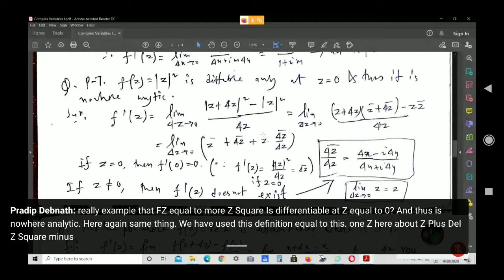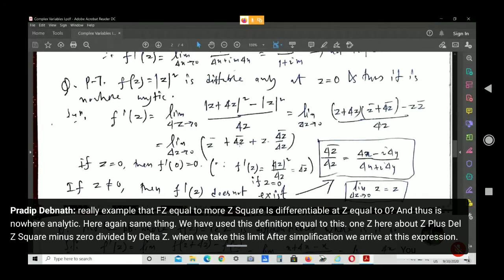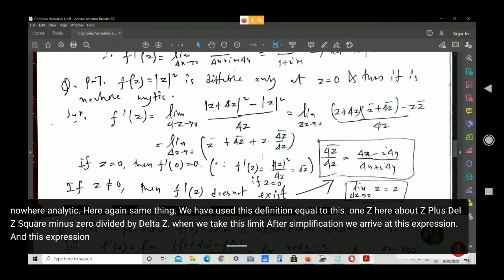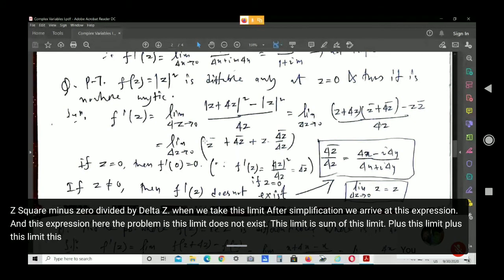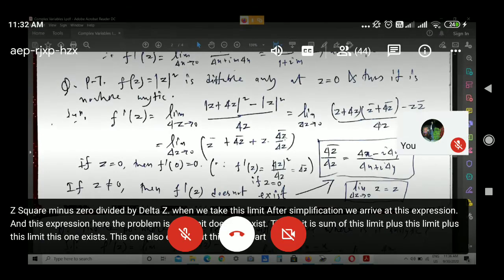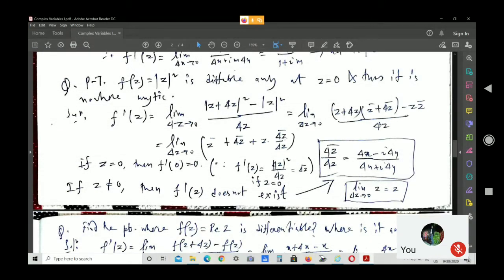When we take this limit, after simplification, we arrive at this expression. The problem is that this limit does not exist. This limit is the sum of this limit plus this limit plus this limit. This one exists, this one also exists, but del z bar divided by del z does not exist. That's why the entire limit does not exist.